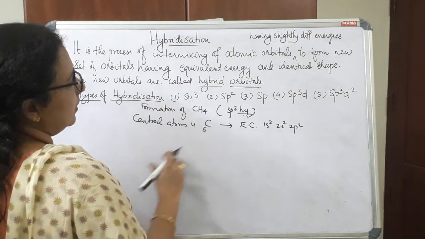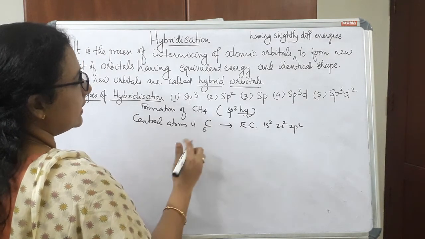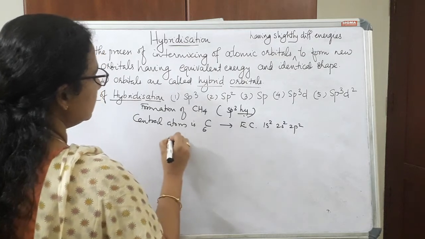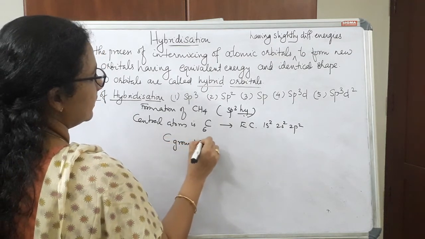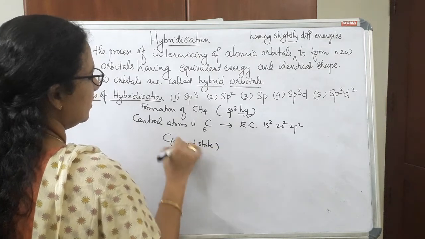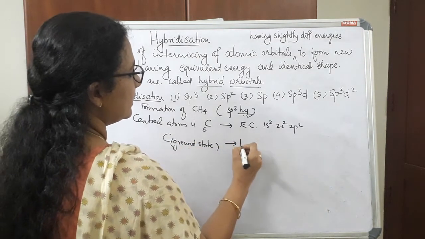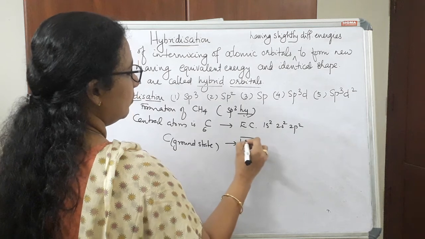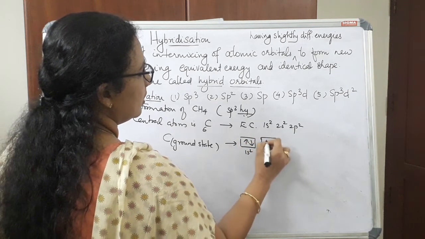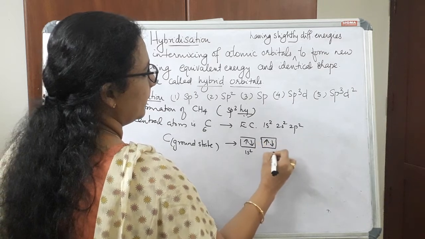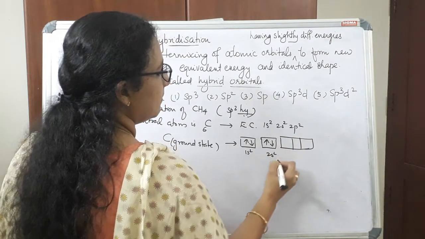In order to explain the tetravalency of carbon, it is suggested that carbon is in the ground state. So let us write the ground state electronic configuration. We can draw the orbital diagram. This is 1s2, this is 2s2, and the 2p orbitals are 3 in number.